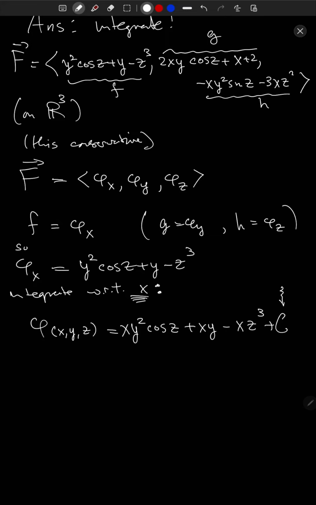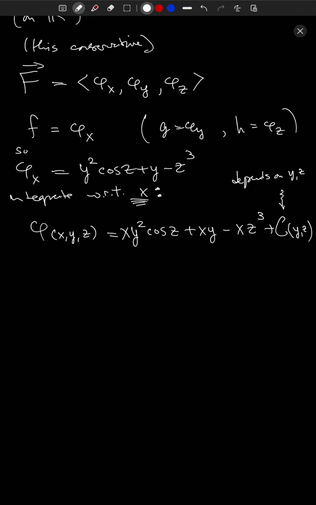For example, if I had a function phi equal to xy squared cos z, plus xy minus xz cubed plus, let's say, z, then when I differentiate that with respect to x, the z goes away, and we get exactly this guy up here. And so this c is allowed to depend on y and z. This is very, very critical. If you forget this, you're going to always get it wrong. So let me emphasize that by writing c of y comma z.